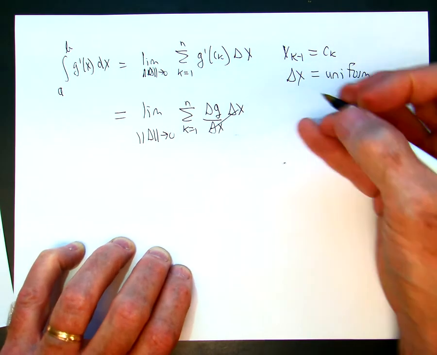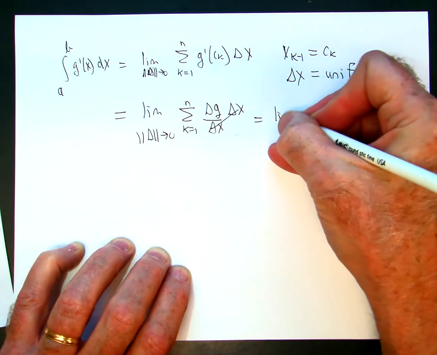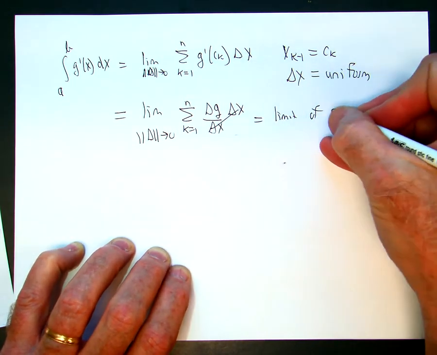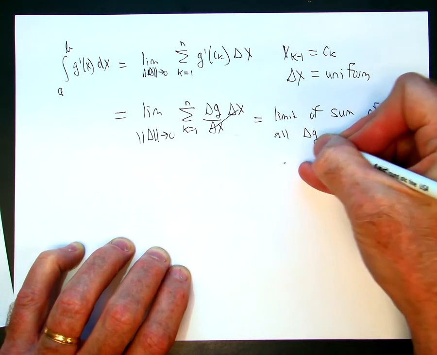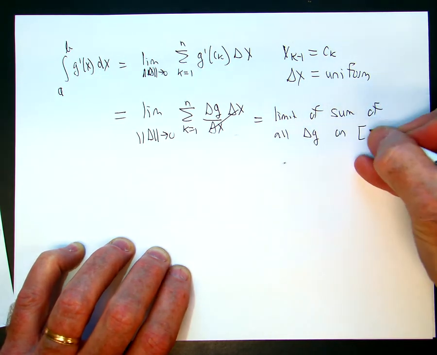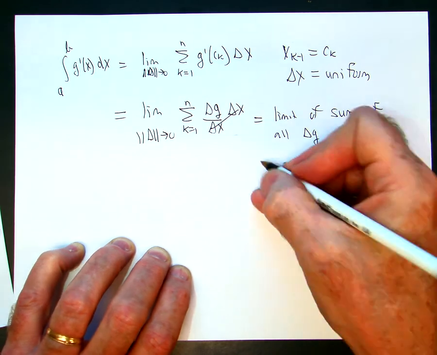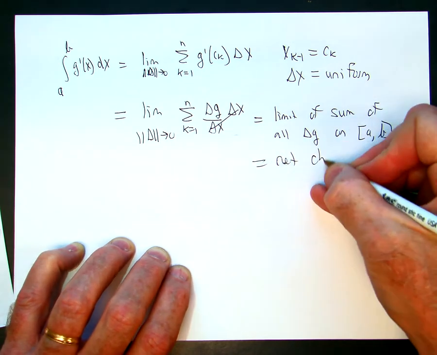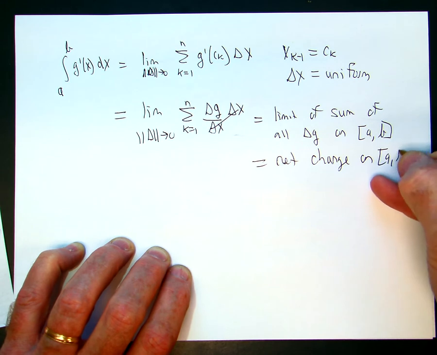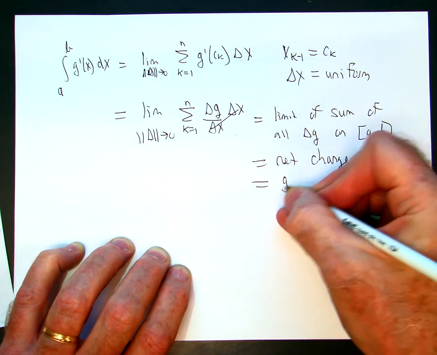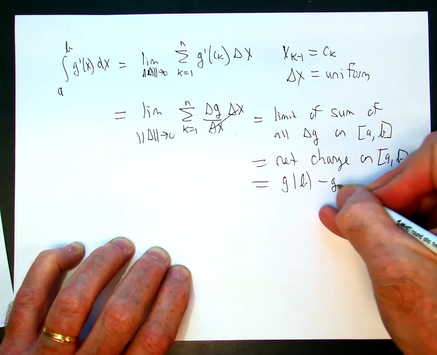These canceled, and we get the limit of a sum of all the dg on the interval a to b, which is the net change, which is g of b minus g of a.